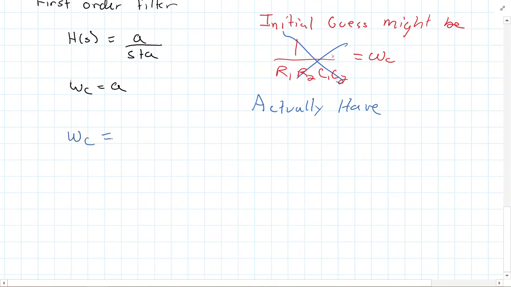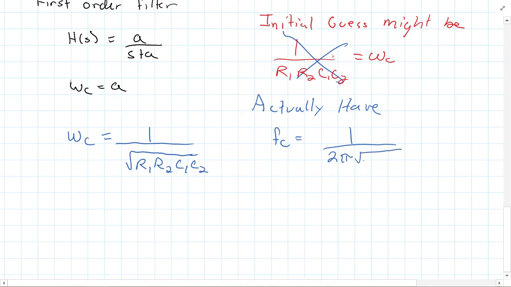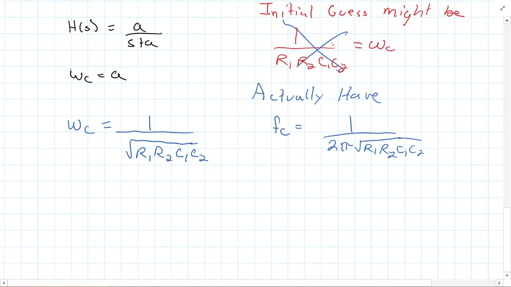It's 1 over the square root of R1, R2, C1, C2. Which, if we wanted that in hertz, that would be 1 over 2 pi square root of R1, R2, C1, C2. Now, let's look at this thing here.